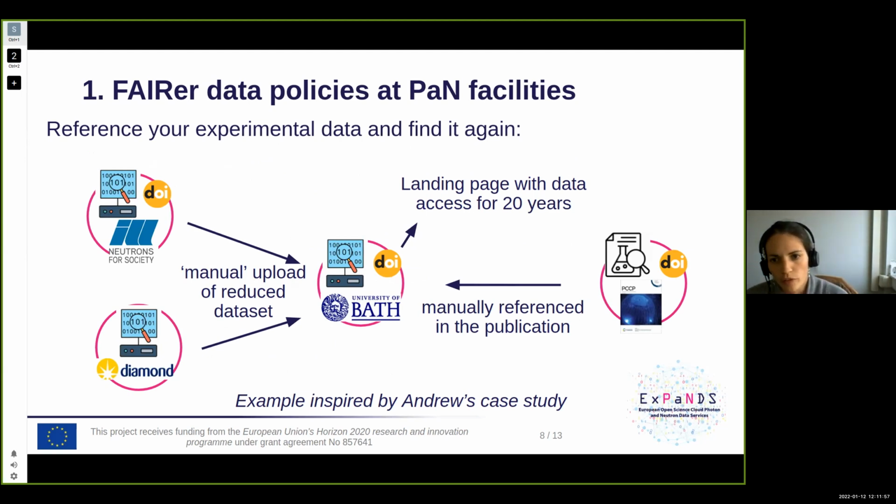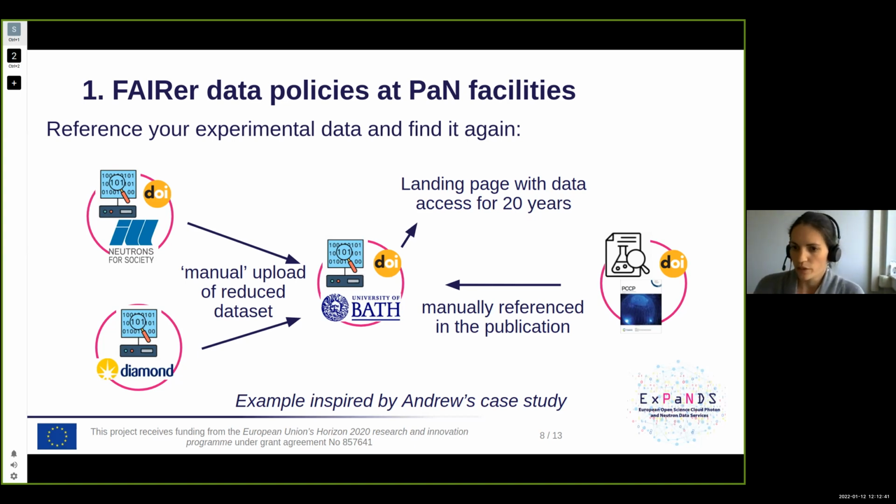To reference his experimental data and to find it again, for a publication, he used data coming from several facilities, the ILL and Diamond, and he then manually uploaded a reduced data set to the University of Bath repository, because this enabled him to have a DOI for the whole data set and a landing page with data access for 20 years. So these were two of his requirements, so that he could manually reference in the publication the data that was used.